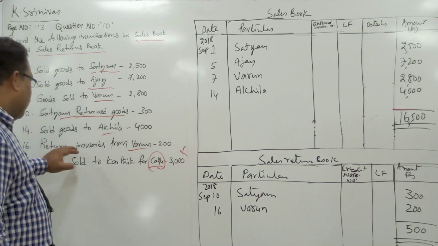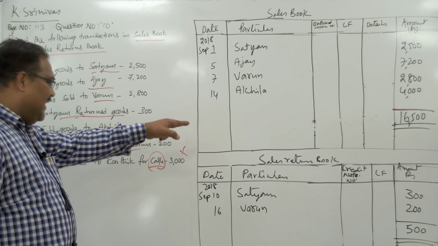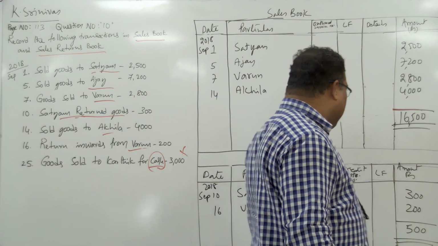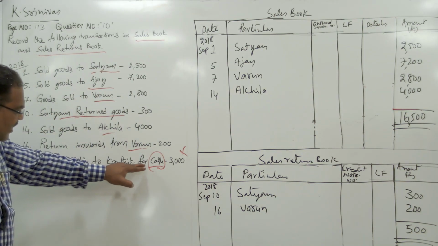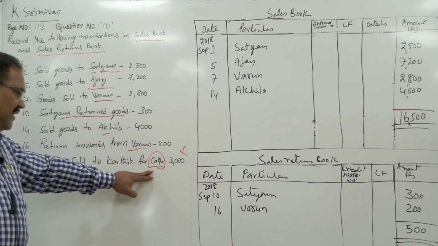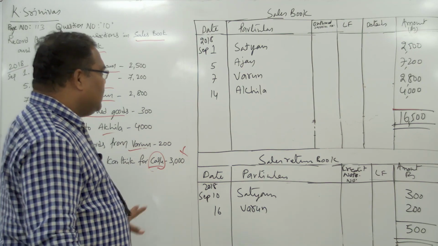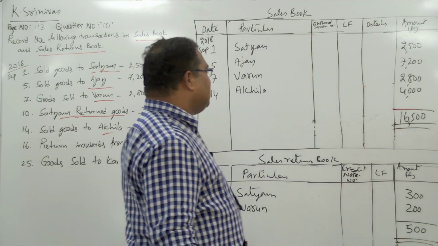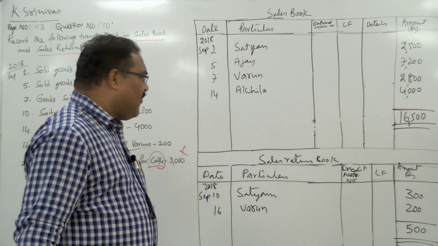Next, returns inward from Varun should be taken in the sales returns book, Varun rupees 200. And goods sold to Karthik for cash should not be taken here, because of that we have neglected it. So now the total is 16,500 for the sales book, and the sales returns book is 500.